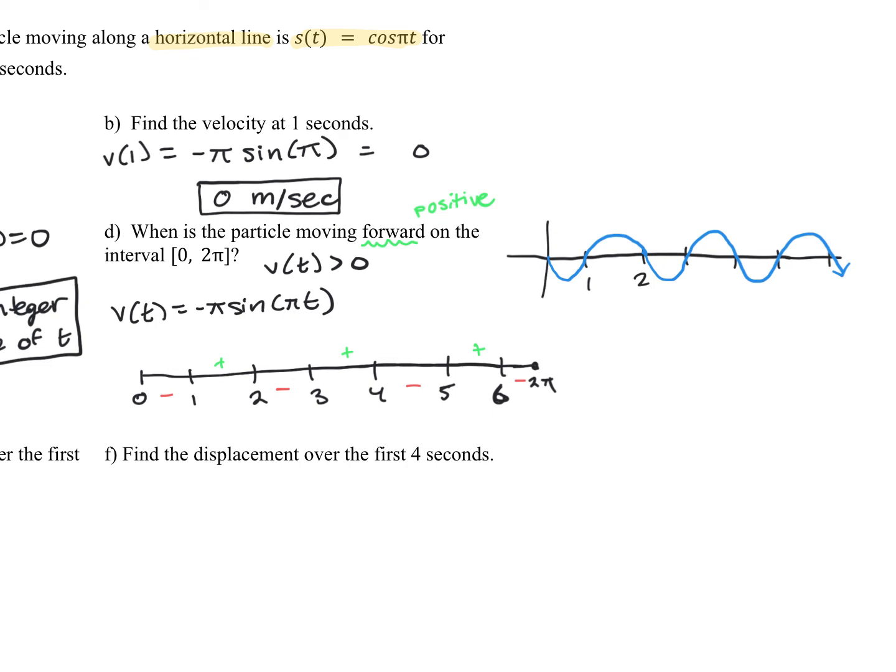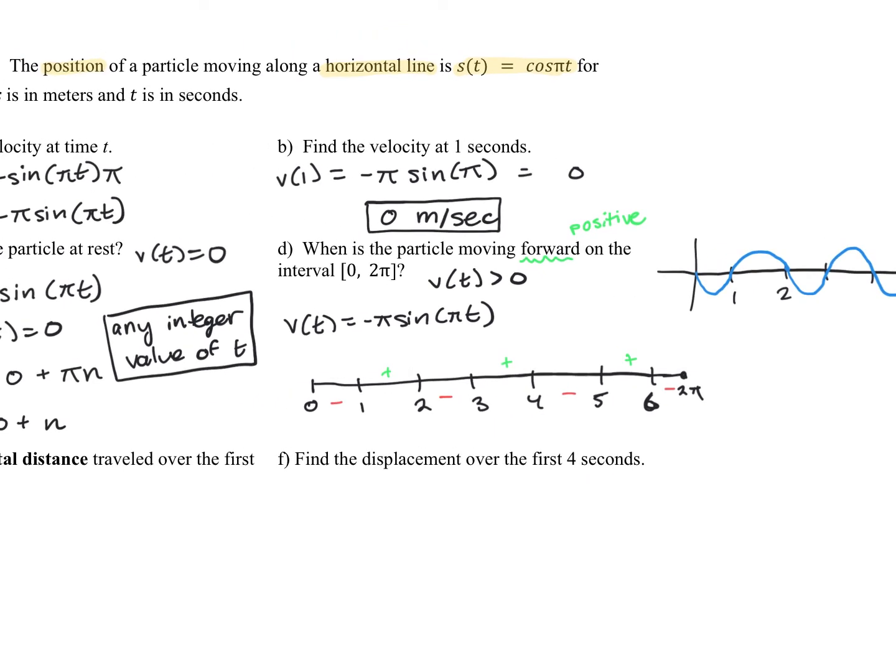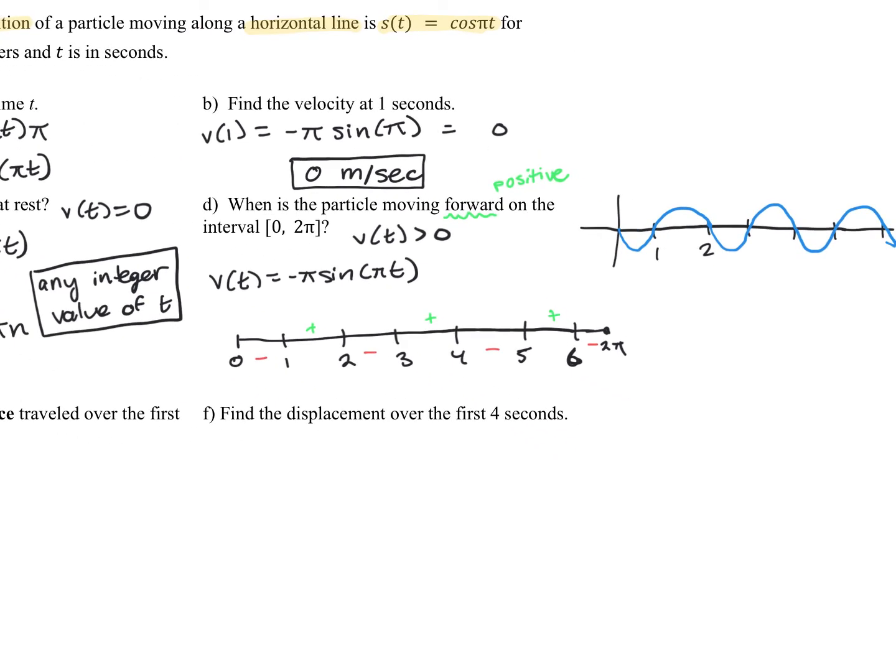But again, in this case, just thinking about a picture of the graph might make it a little bit easier and a little bit quicker. So then if we want to describe when the particle is moving forward, we're just going to describe all of the times when our velocity is positive. So that's between 1 and 2, 3 and 4, and 5 and 6 seconds.